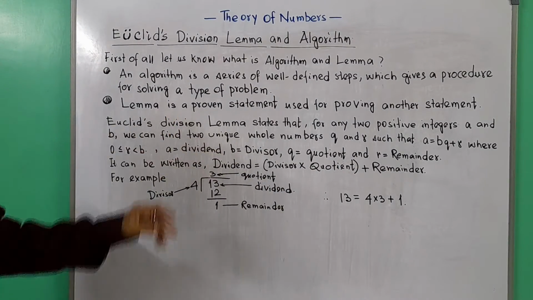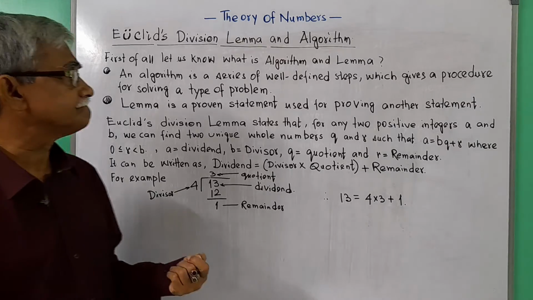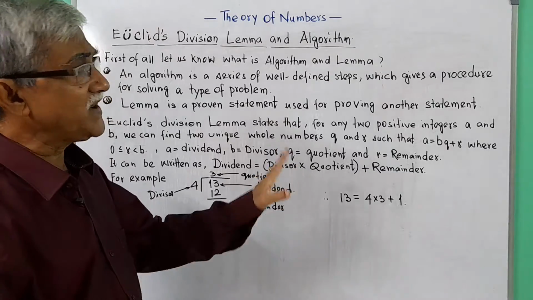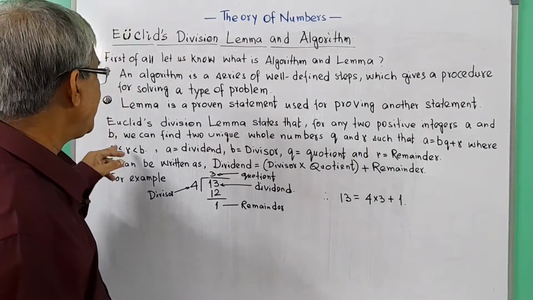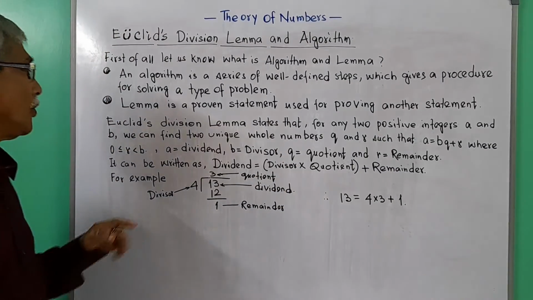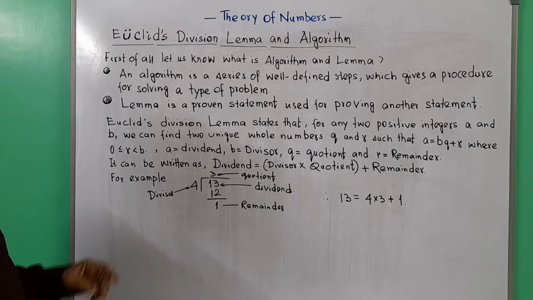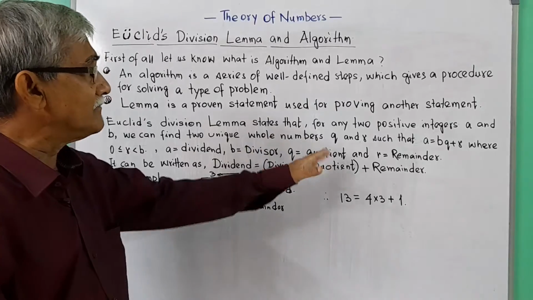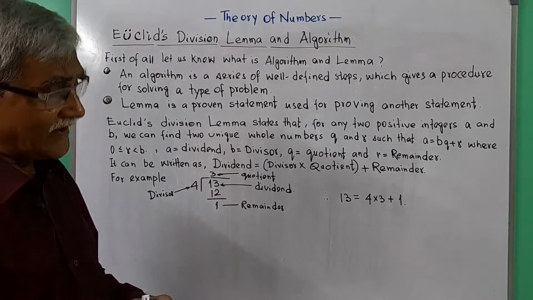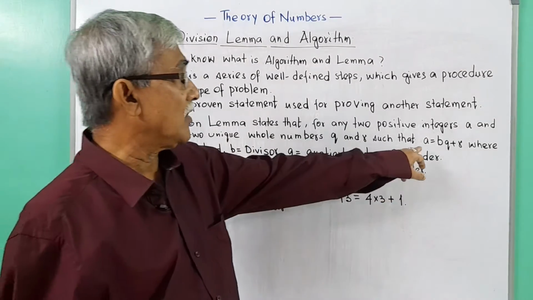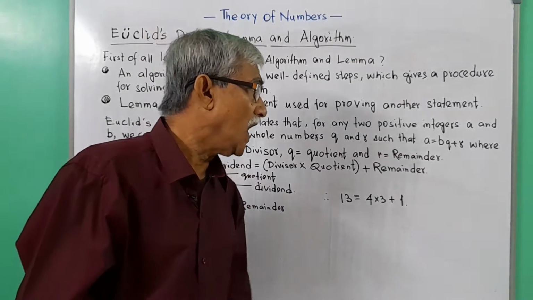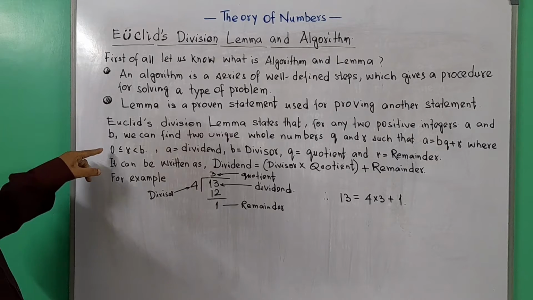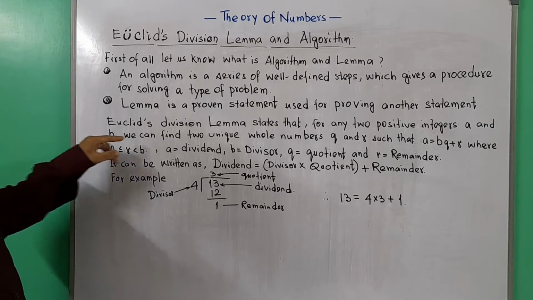Now Euclid's division lemma states that for any two positive integers a and b, we can find two unique whole numbers q and r such that a equals bq plus r, where r is greater than or equal to 0 and less than b.